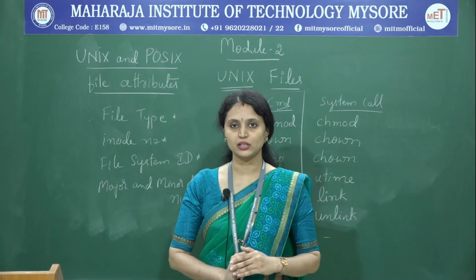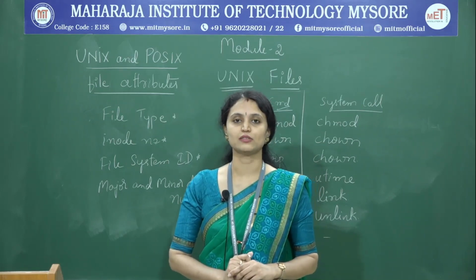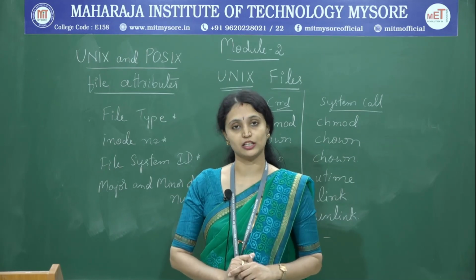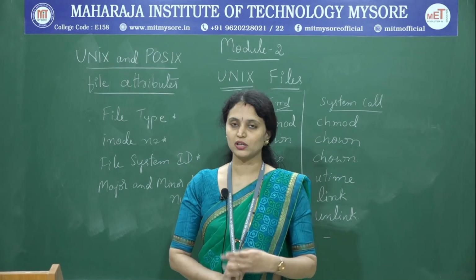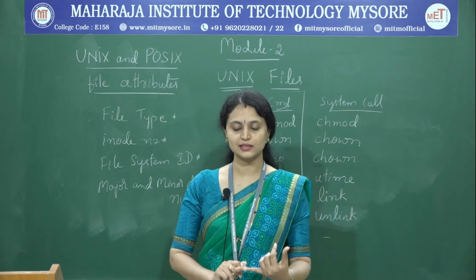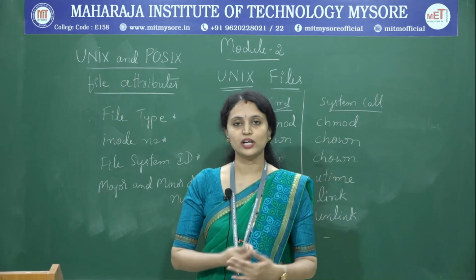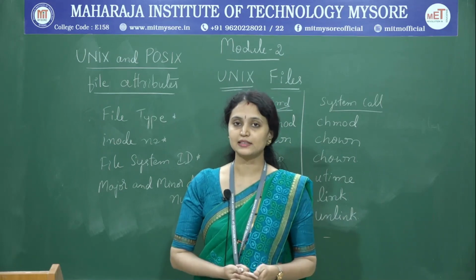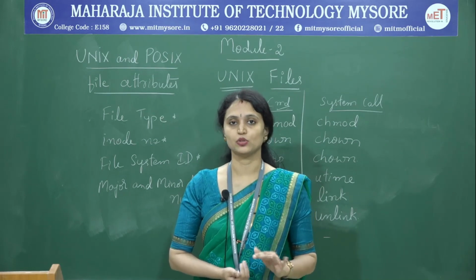And then we saw a few most commonly used directories in Unix operating systems such as /etc, /tmp, /etc/passwd. Okay. So then we got to know about the Unix file system attributes, that means attributes of a particular file in Unix operating system. So we came across many attributes like file size, type of file, inode number, file system ID, UID, GID, last access time, last modified time, last creation time, and so on.